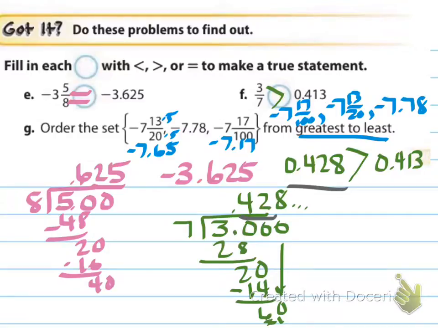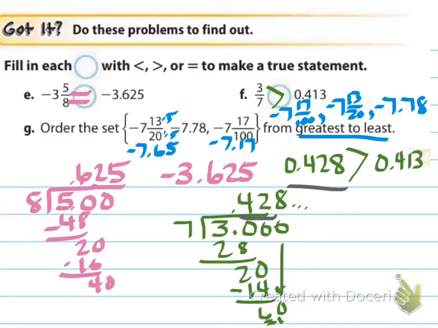Then for G, I had negative 7 and 13/20ths, which I changed to negative 7.65, and then my negative 7.78 I left alone, and my negative 7 and 17/100ths I wrote as negative 7.17. It's going from greatest to least. Remember that negative world is opposite world, and so the bigger the number, the smaller it actually is.